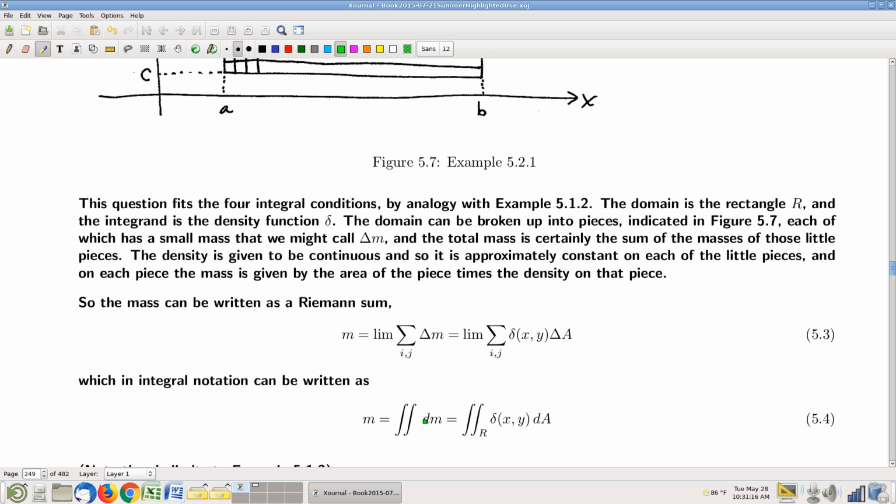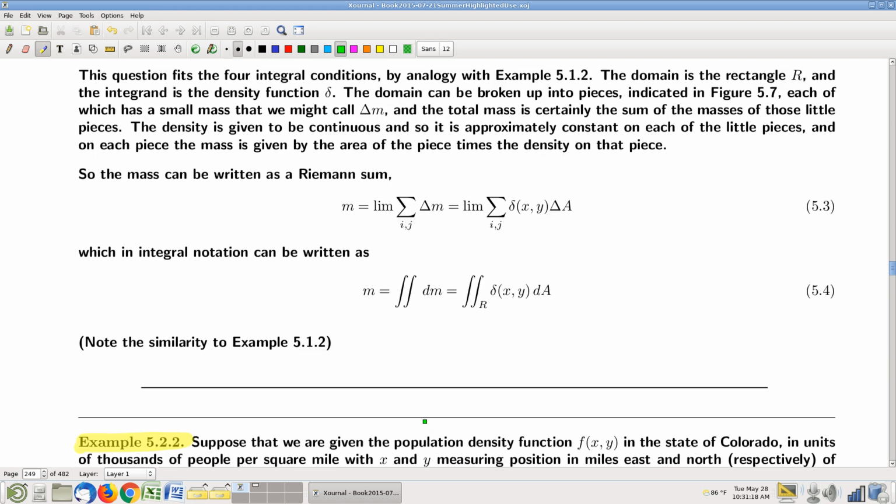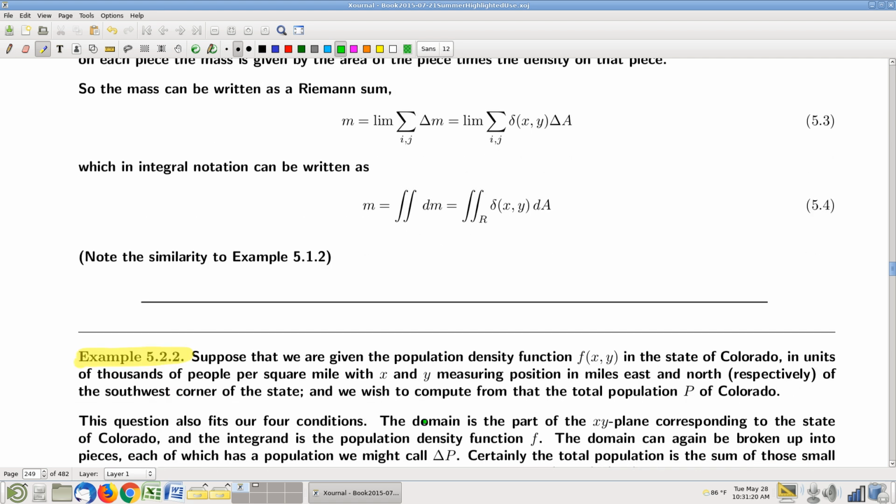Okay. All right. Here's another question. Suppose you want to compute the population of Colorado, and our alternatives at this point are Colorado and Wyoming, because all we know how to do is compute double integrals over rectangles, and those are the only two pure rectangular states.